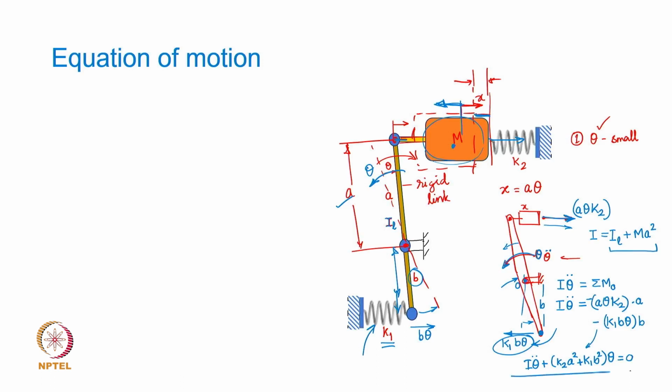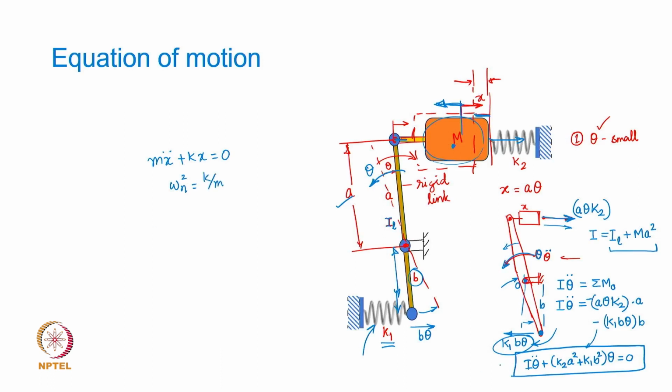That is going to be the governing equation of motion for this particular system, and obviously this is in the form m x double dot plus k x equal to 0, and we know that that gives us the natural frequency of square root of k over m.